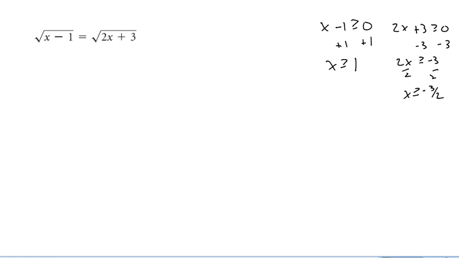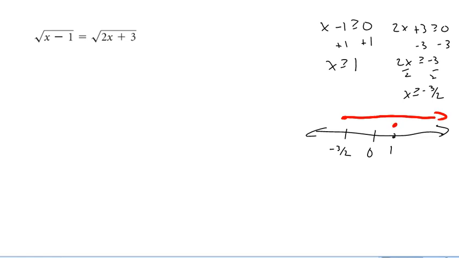Okay, let's do a quick number line here, just to think about these for a second. So there's 0, there's 1, there's negative 3 over 2. So one of the restrictions says we have to be greater than or equal to negative 3 over 2. The other restriction says we have to be greater than or equal to 1. Notice that both of these have to be true.